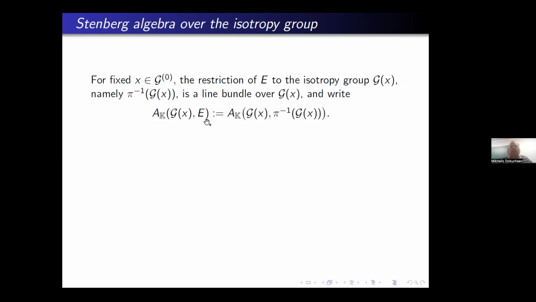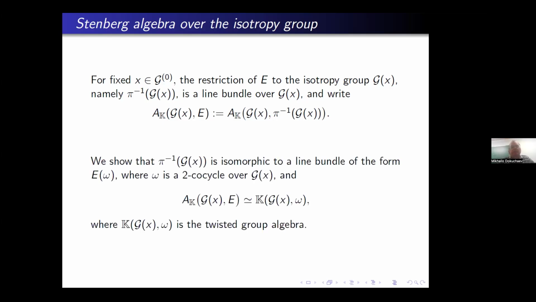So let's denote it simply like (G_x, E). Formally, instead of E, we should put π inverse of G_x, but we just simplify the notation. We show that this restriction of the bundle to the isotropy group is isomorphic to a bundle of the form E_ω for some two-cocycle ω.